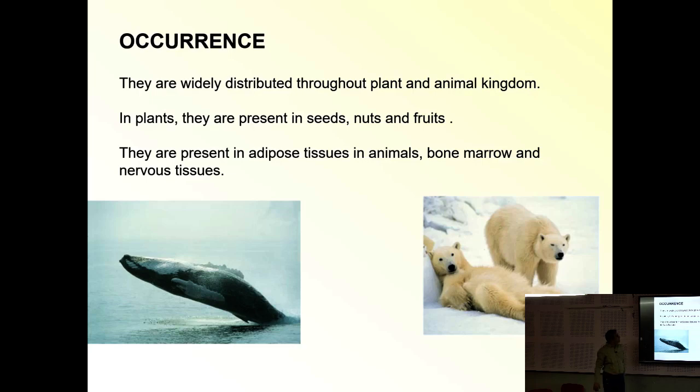They are present in adipose tissues of animals, bone marrow and nervous tissues too. Why is this picture given? Because these two animals can survive in cold environments, at minus temperatures. Why? Because they have a characteristic lipid composition in their cell wall.